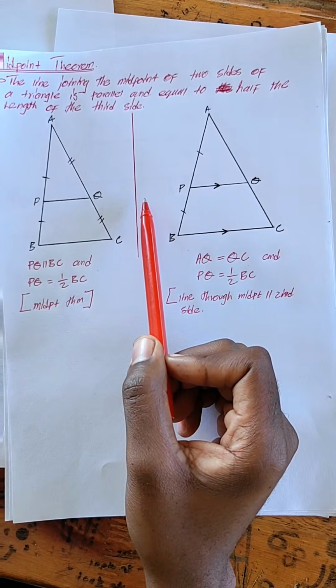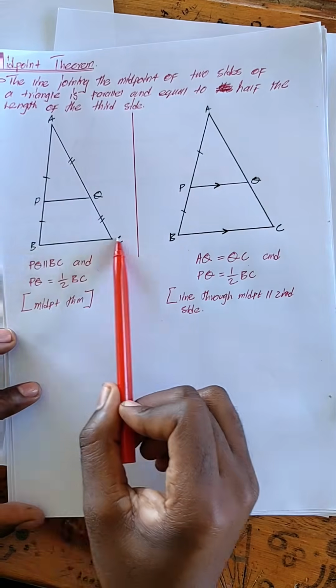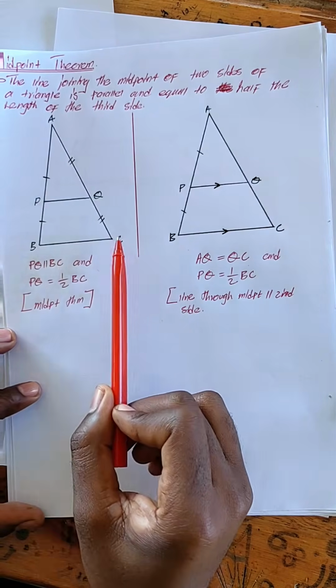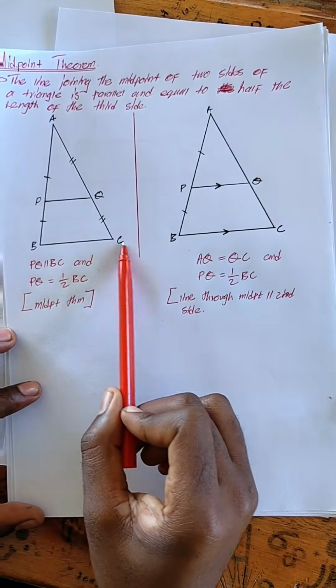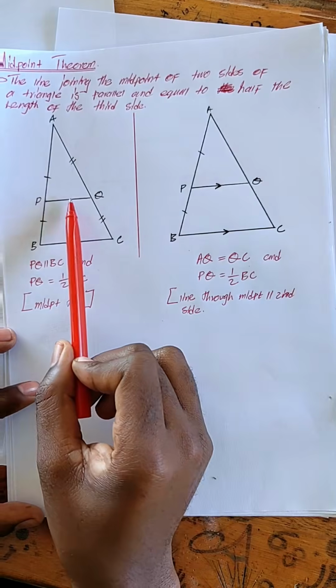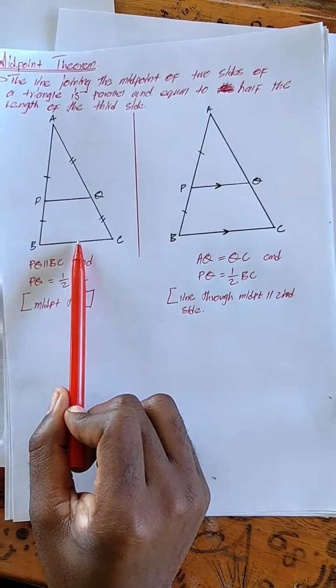So this line is joining the midpoints of two sides of a triangle. Therefore, we can conclude that this line is parallel to the third side. This is the third side of the triangle. This line is parallel to the third side of the triangle, and this line is half the length of the third side.